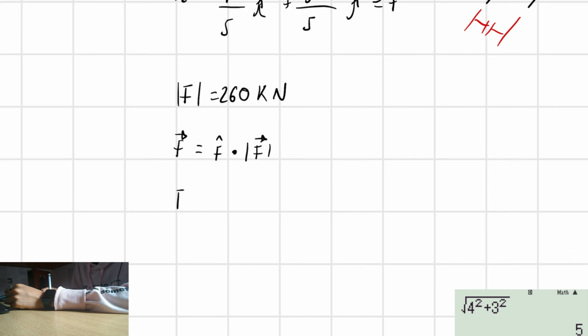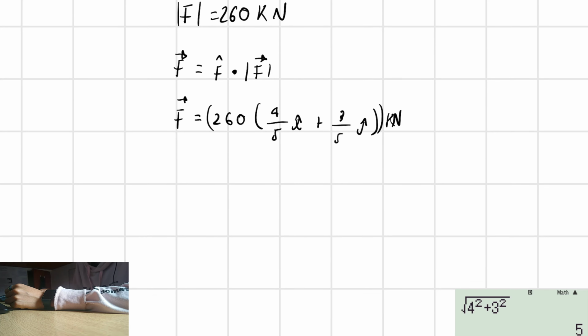Now F vector is going to be equal to 260 multiplied by 4 divided by 5 along the i direction, plus 3 divided by 5 along the j direction, and this is in kilonewtons, right?